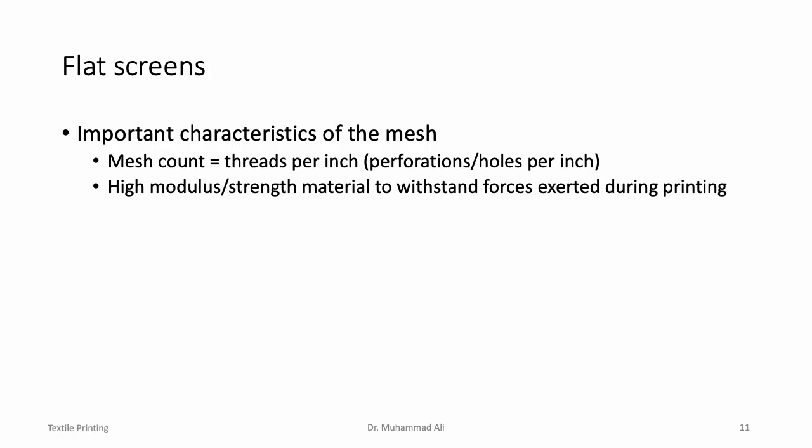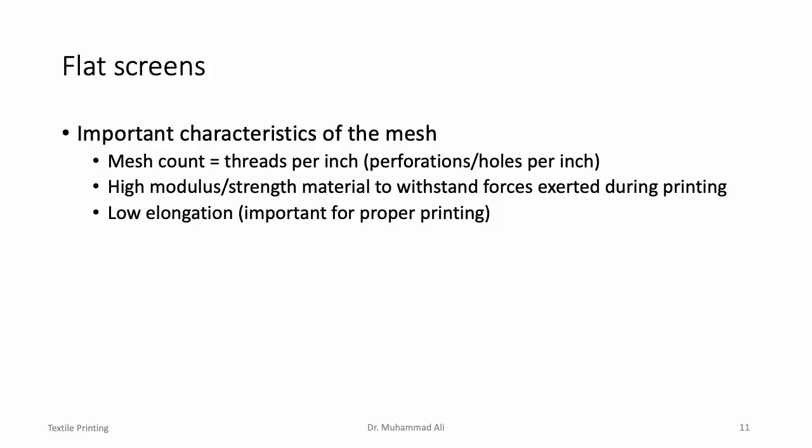We need the screen to have higher strength. It's also known as high modulus because a lot of forces are exerted during printing. So you will see in the later slides that during printing a squeegee is drawn on the surface of the screen with a certain pressure. So the screen mesh should be stable enough to withstand that pressure over longer time periods.